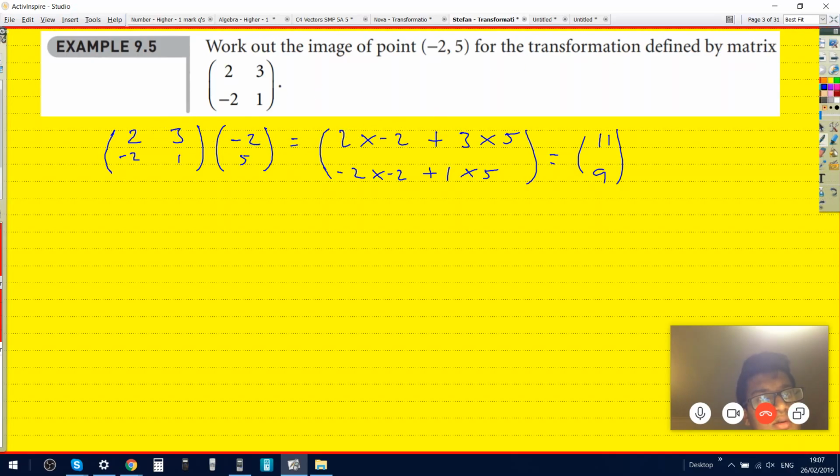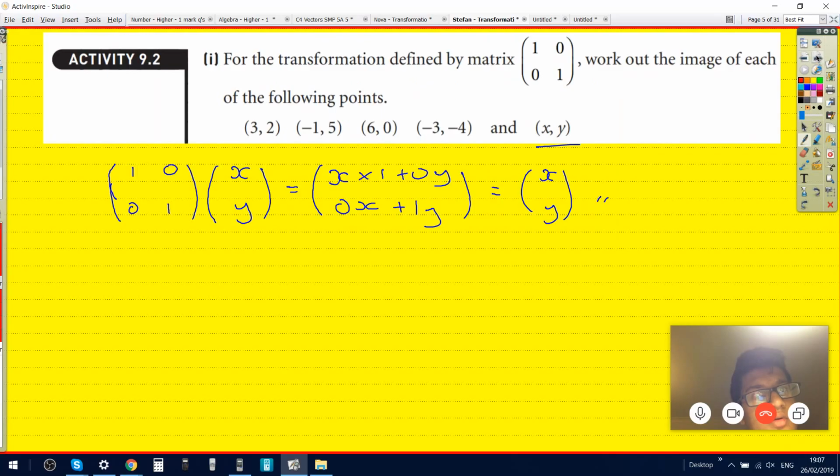So this one, you can see how it's going across here and going down here. And so it's 2 times -2 and then plus in the middle 3 times 5. And then -2 times -2 plus 1 times 5.